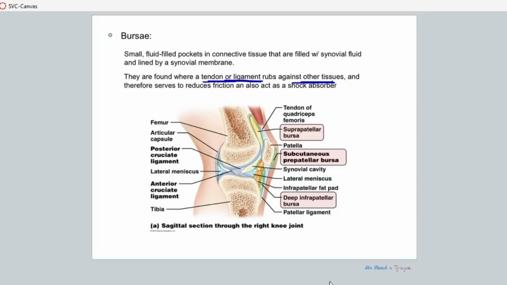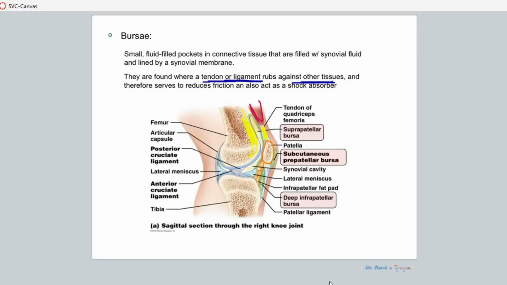So let's look at this guy up here. This is a quadricep muscle, and this is the tendon for that quadricep muscle attaching to the patella. And so here we have the tendon, and then we have the femur in back of it.